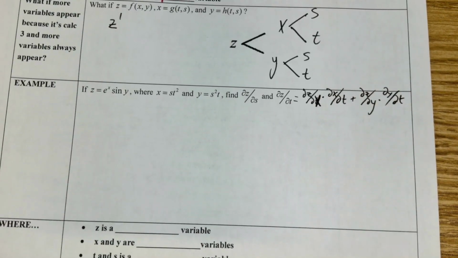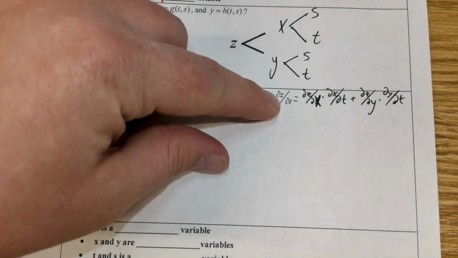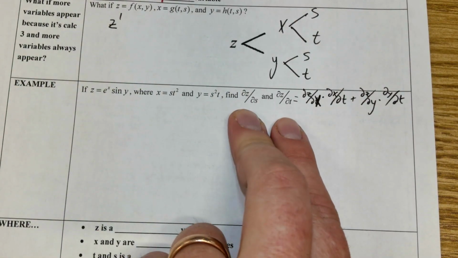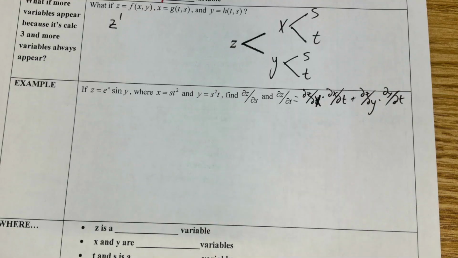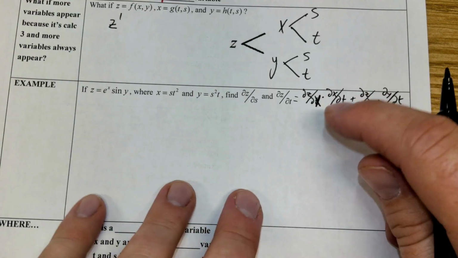Right? All of these things are partially on the others. And again, I can't even say that the z is entirely dependent on t, because it's not. I would have both of these.